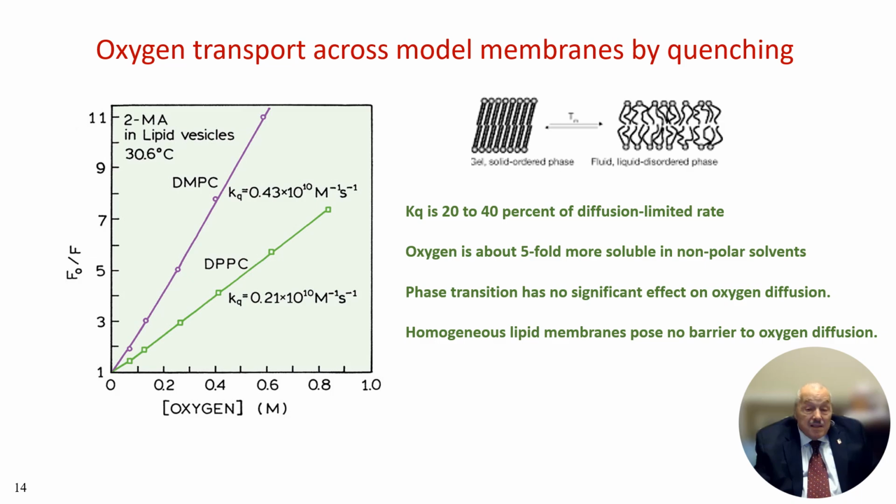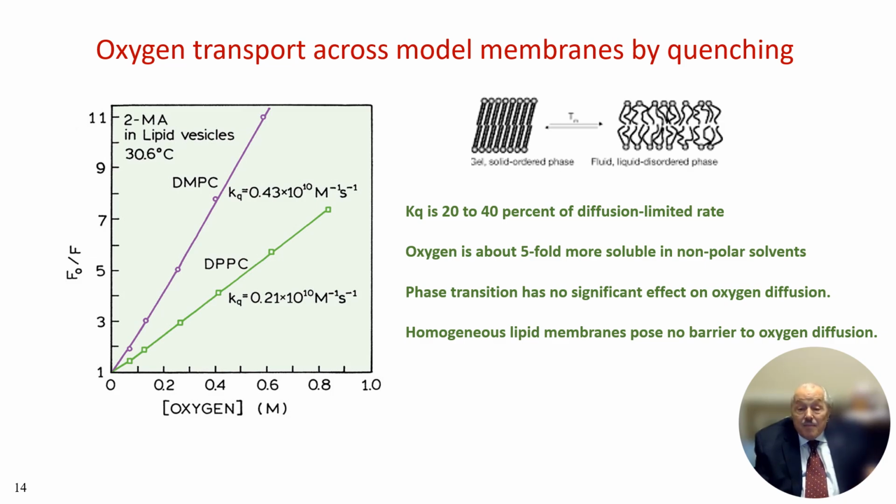And actually we had done this experiment, and we looked at the quenching of a fluorophore, 2-methylanthracene, in these 2 different bilayers, which at the temperature of the experiment were either above the phase transition or below the phase transition of the membrane.